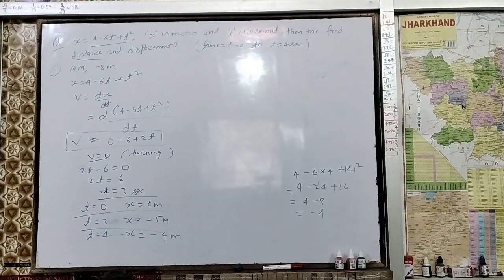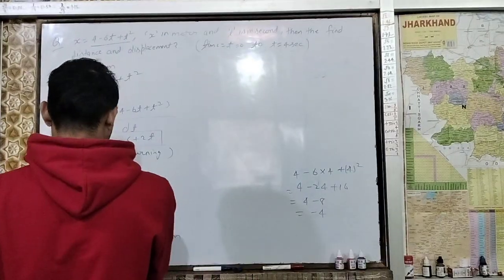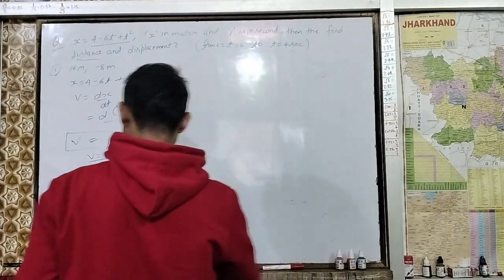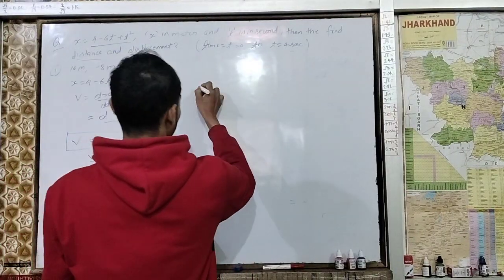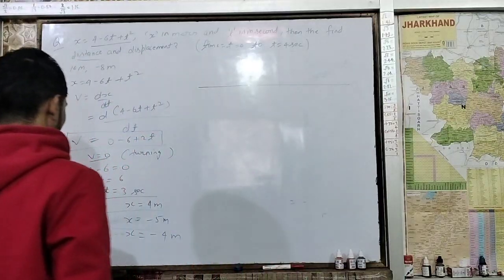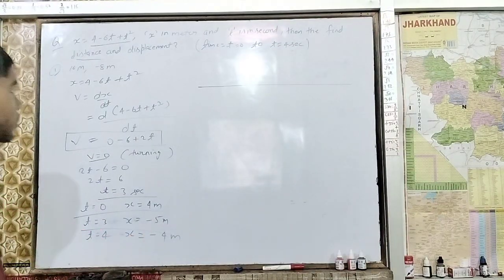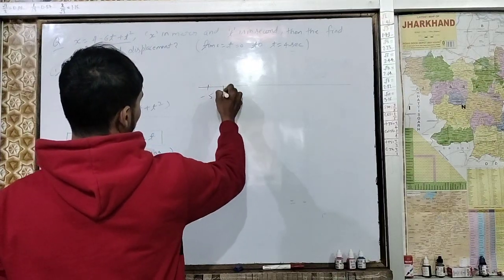Now let's draw a figure, a Cartesian horizontal line, so that we can analyze and find the exact distance and displacement. The negative number is minus 5.